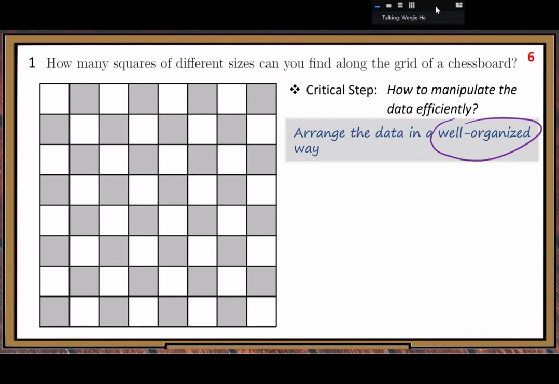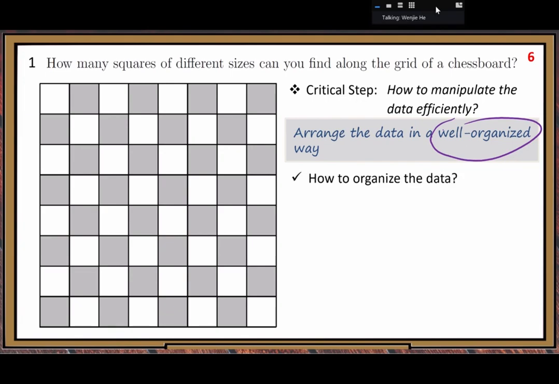We want to build some structure on our data. If it is not organized, that means no structure is built on our data. So we want to build a nice structure to arrange our data. That's the well-organized way. So how to build a structure?